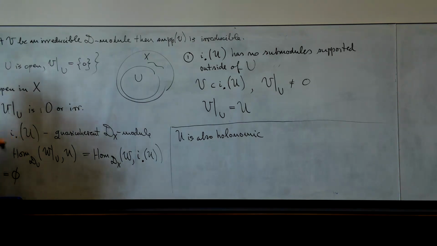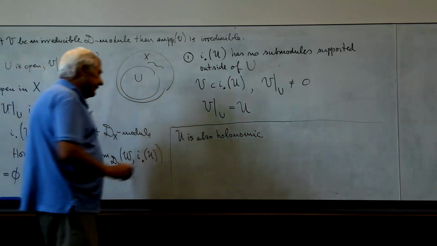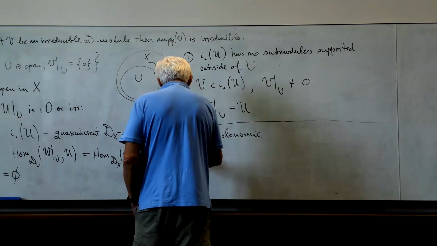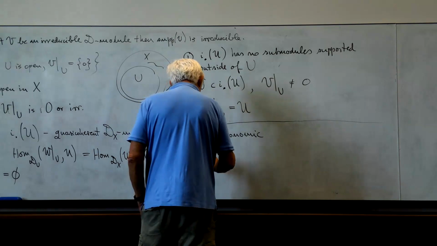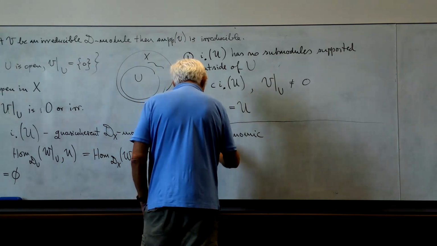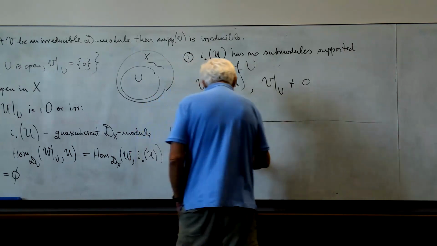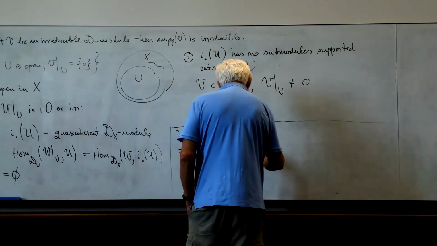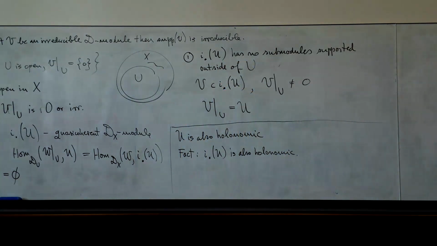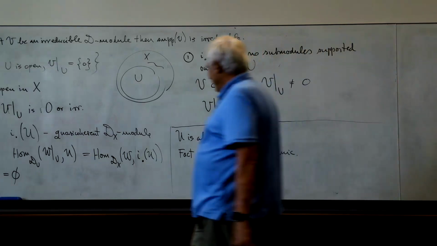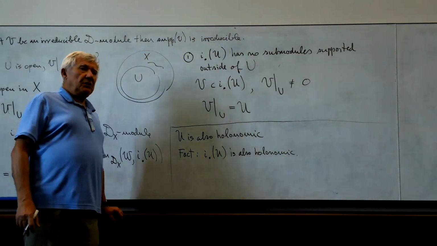So there is a fact we should discuss at some point, that I lower star of U is also holonomic. Therefore, it has finite length and it has an irreducible submodule.